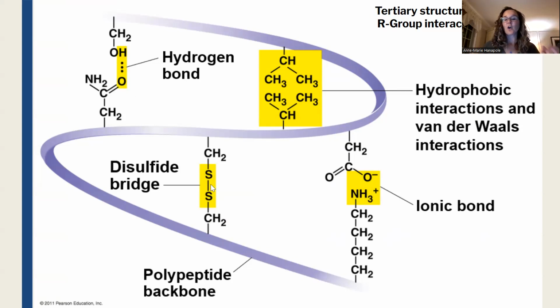We can have covalent bonds, disulfide bridges, between those R group interactions. If we've got charged R groups, they can have ionic bonds forming. Anytime you've got any interaction between those R groups, whether it is a hydrogen bond, a covalent bond, an ionic bond, or just hydrophobic interactions, those are all your tertiary structure of your protein.